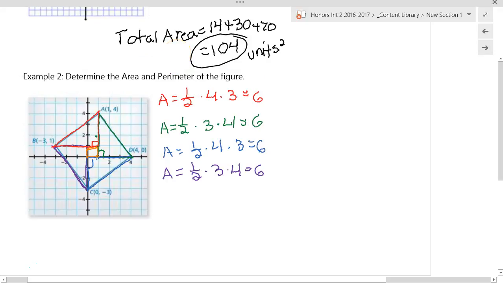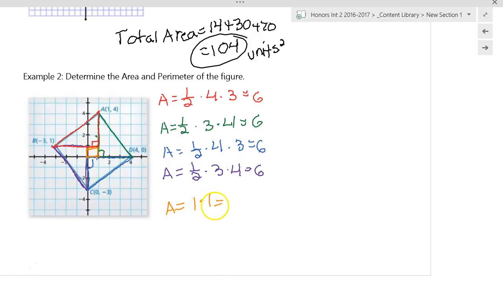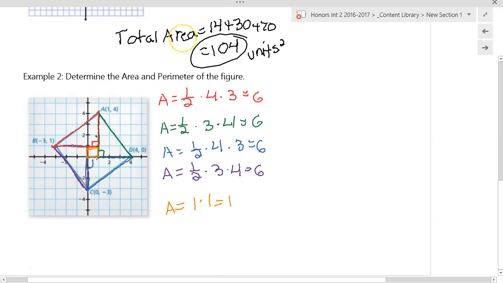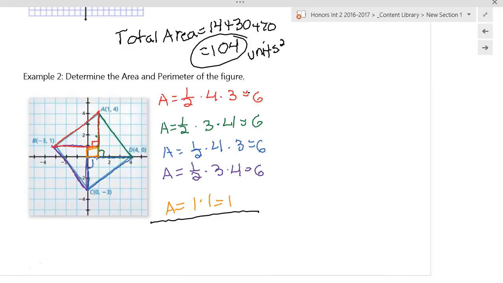And then my little orange square is just a rectangle, so it's 1 times 1, which equals 1. So when I add all these up, 6 plus 6 is 12, plus 6 is 18, plus 6 is 24, plus 1 is 25. Good.